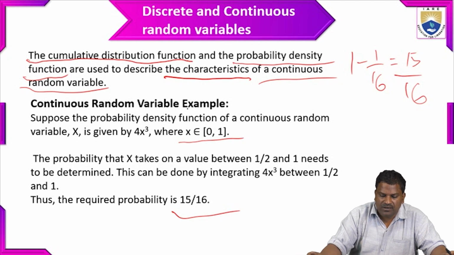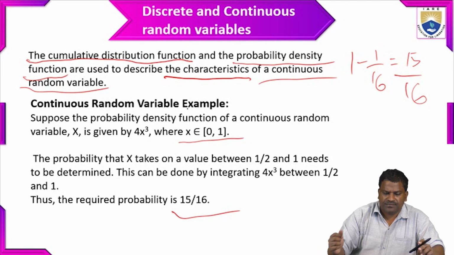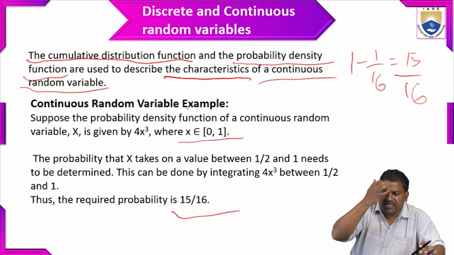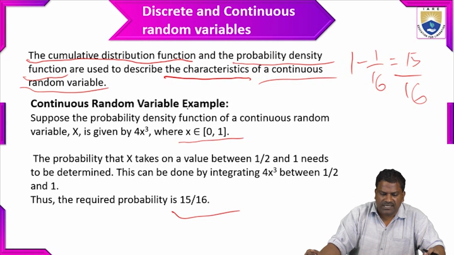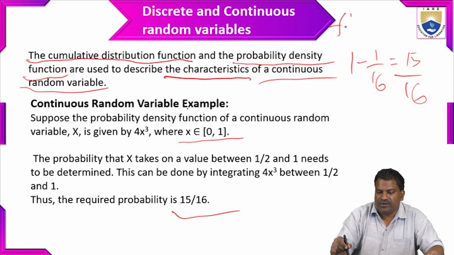Continuous random variable, let us take one example. Suppose the probability density function of a continuous random variable x is defined as f of x is equal to 4x cube.